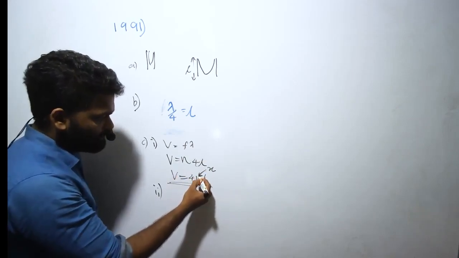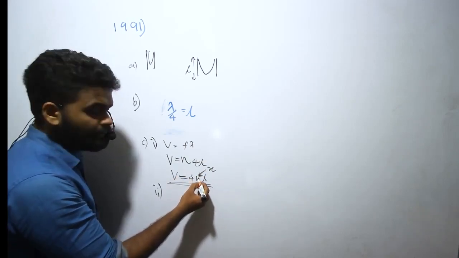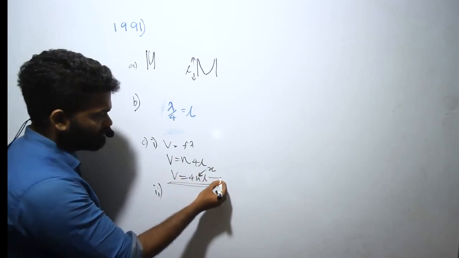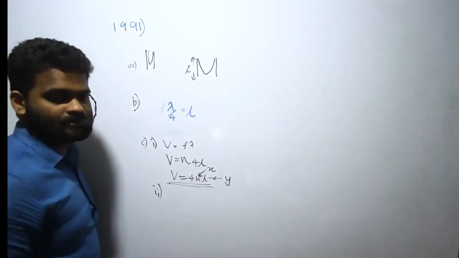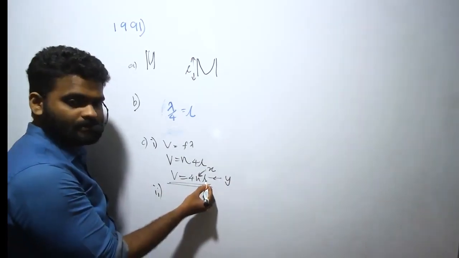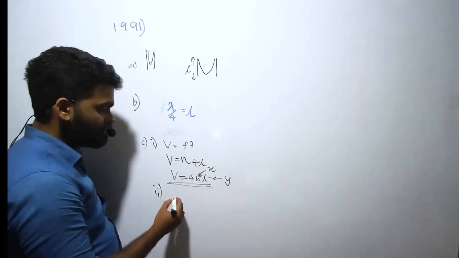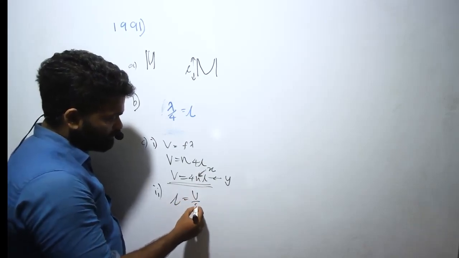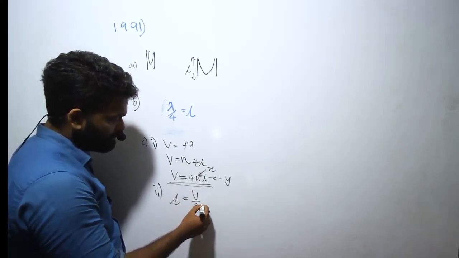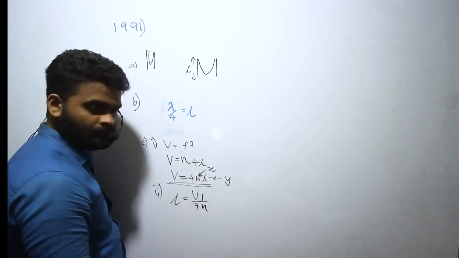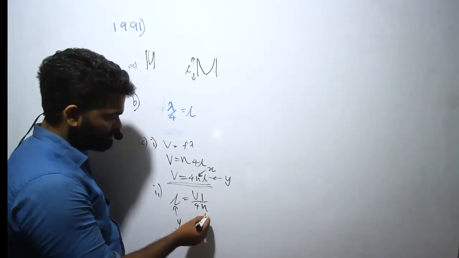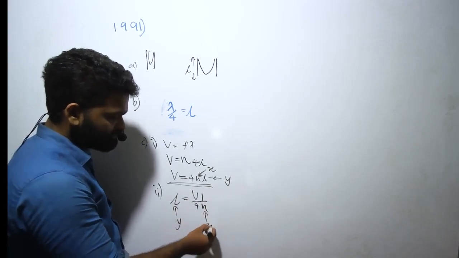All we know is that N means the frequency, is what we change. Then depending on that, y changes. This is the dependent variable. So you have to make the dependent variable the subject. So if you subject that, V over 4, N is below. So this is y. 1 over N is x.